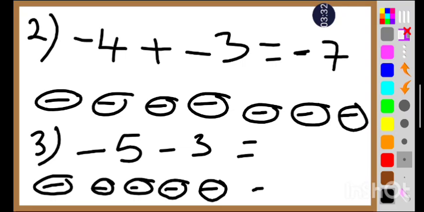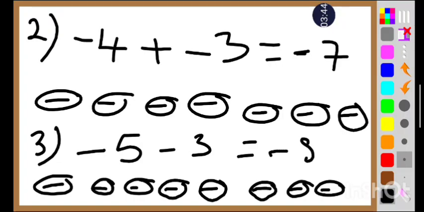Minus 3 means you have negative 3 again. When you count all the negative counters, 1, 2, 3, 4, 5, 6, 7, 8. Negative 5 minus 3 is negative 8. You see, what we are using here, we call them integer counters.